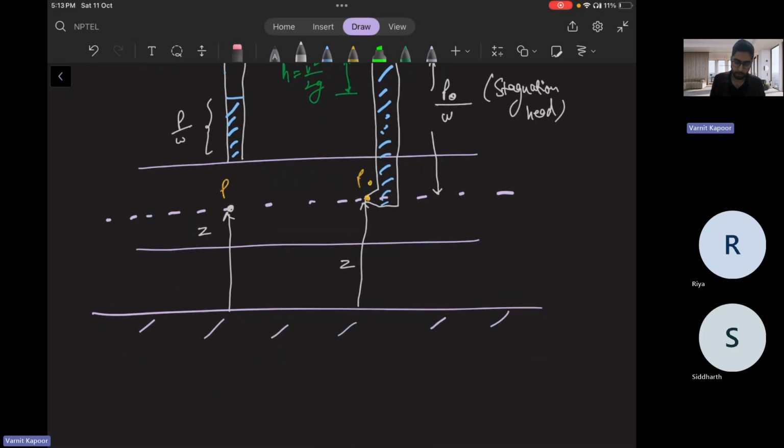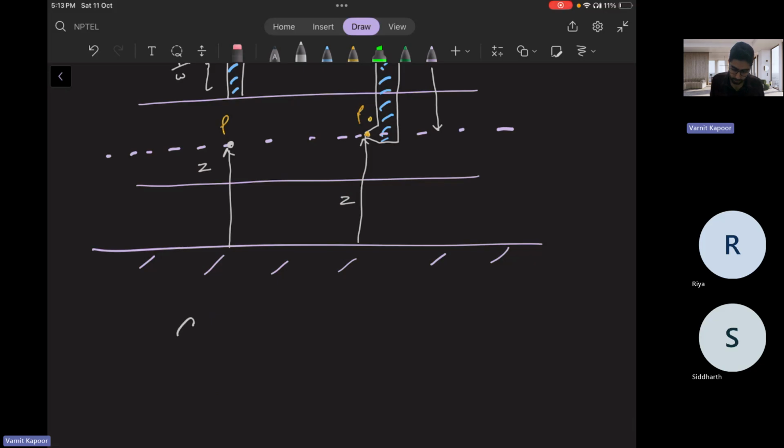So here your Cv is nothing but V actual by V theoretical, that is root of 2gH. Okay, right. And also the point to note here is that pressure at P naught will be higher than pressure at P.